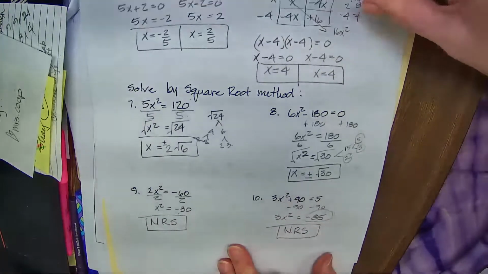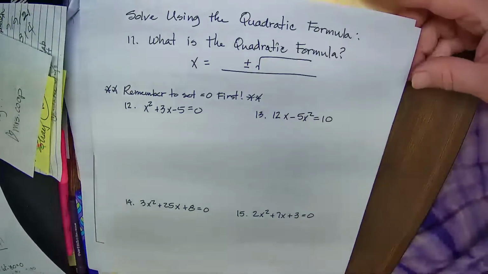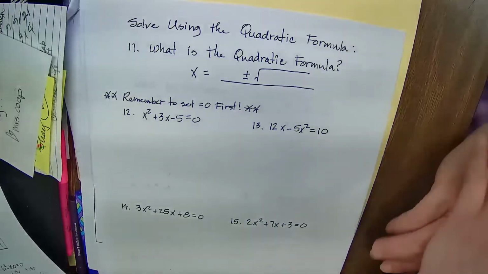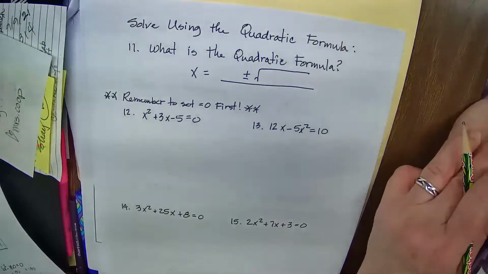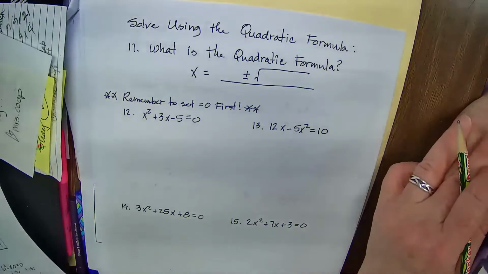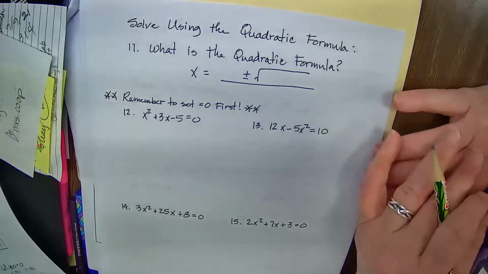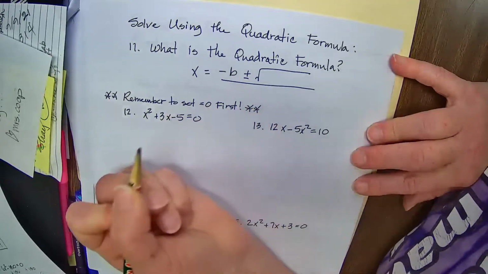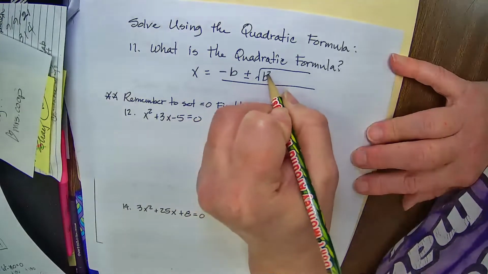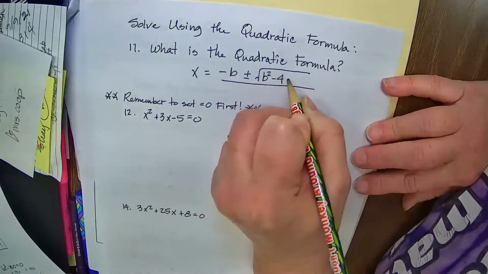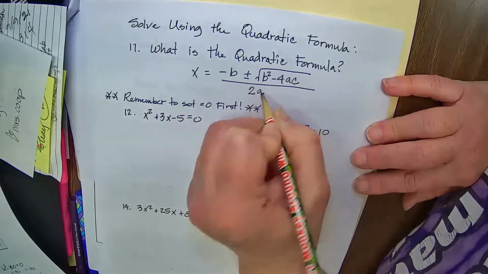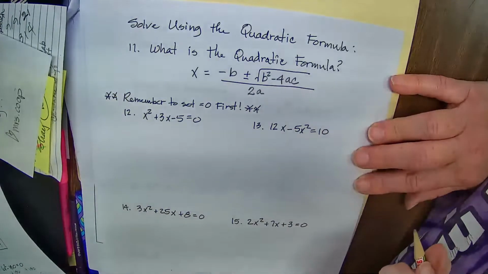Okay, so that's that. Now, you solve using the quadratic formula. What is the quadratic formula? I've asked you to memorize that. It was assigned on Monday as homework. x equals negative b plus or minus the square root of b squared minus 4ac, all over 2a.